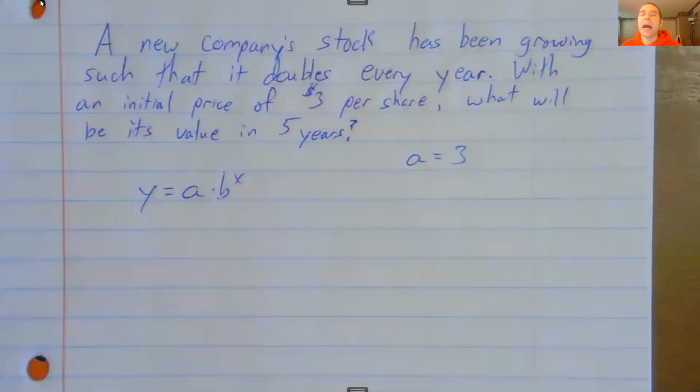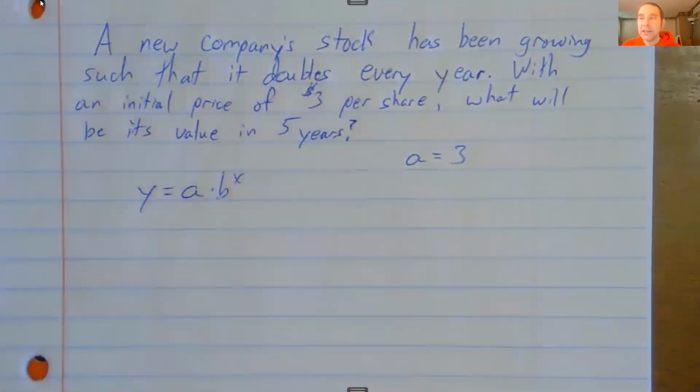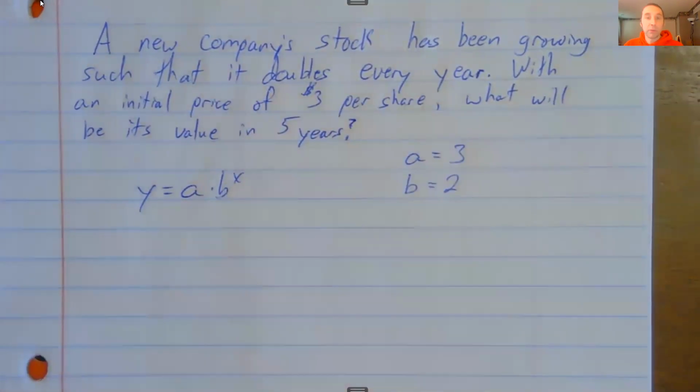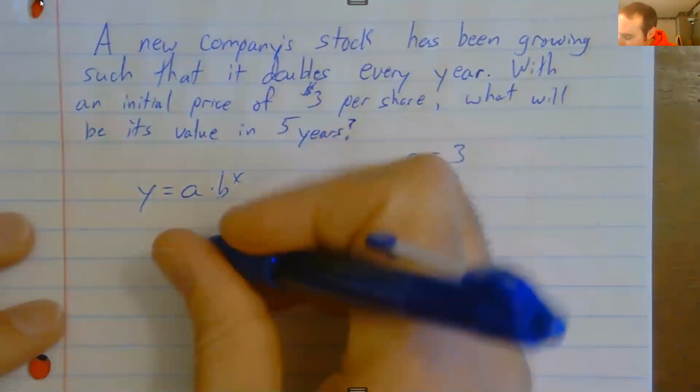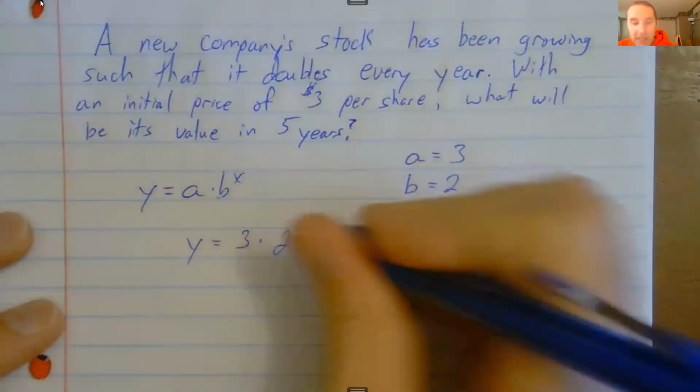And then we want to talk about how this is growing each year. Since the problem tells us that it doubles every year, doubling means we are multiplying by 2 each year. So our multiplier is 2, and with those two pieces of information, we can now write our equation: y equals 3 times 2 to the x.